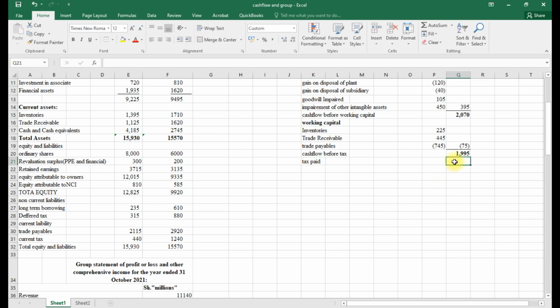The tax that was paid will be equal to, so here we had our deferred tax at the beginning, so I need it to be a negative, so I'll take the figure at the end and open the bracket, this one deferred plus the current of 440 and what was disposed.